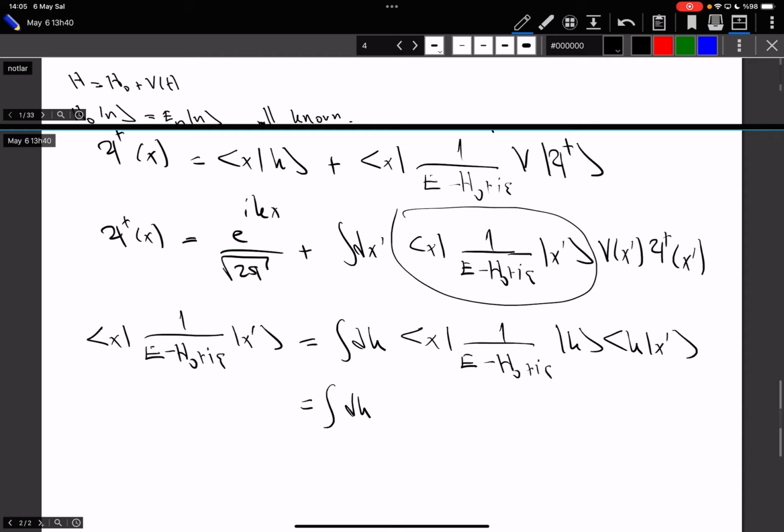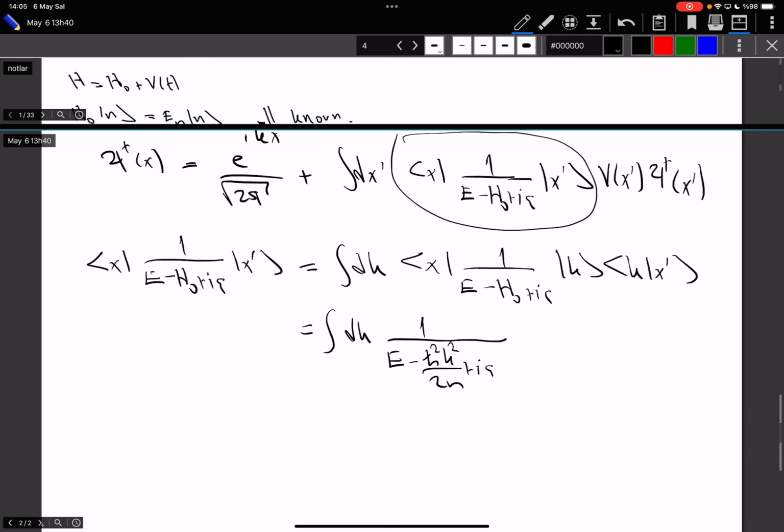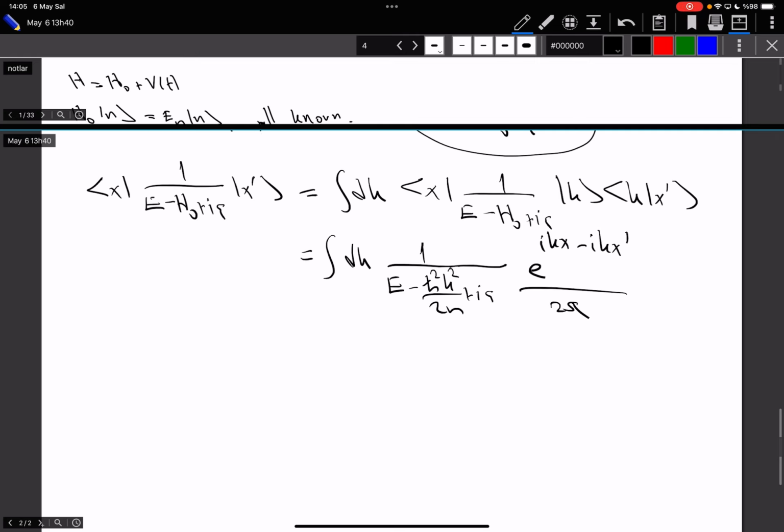I know how H0 acts on k. So the numerator is e to power ikx minus ikx prime divided by 2 pi.